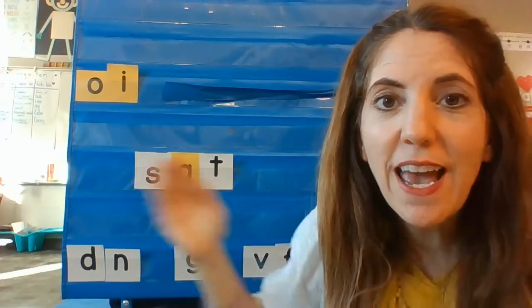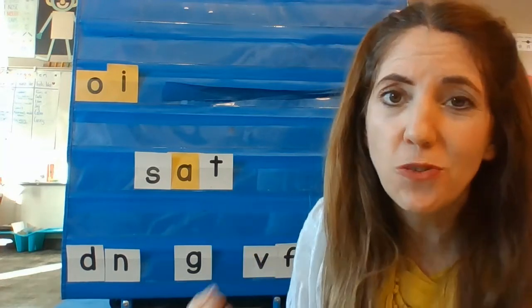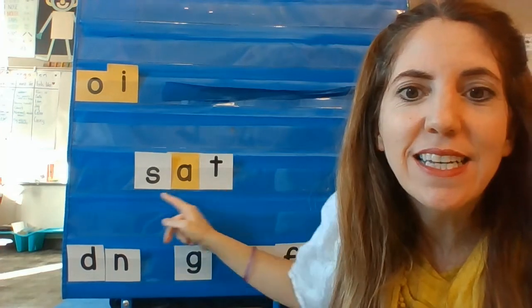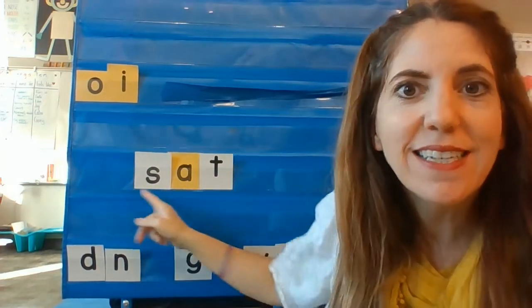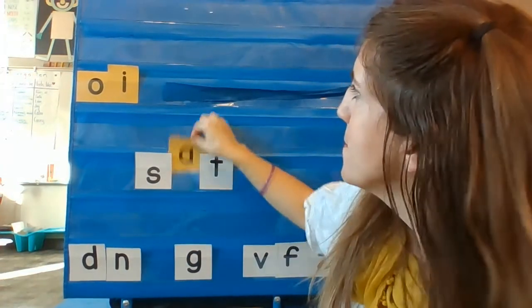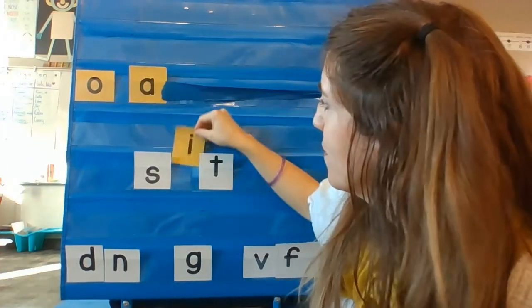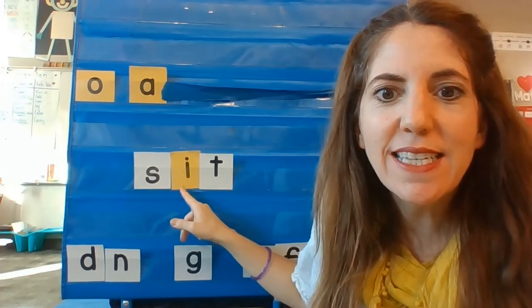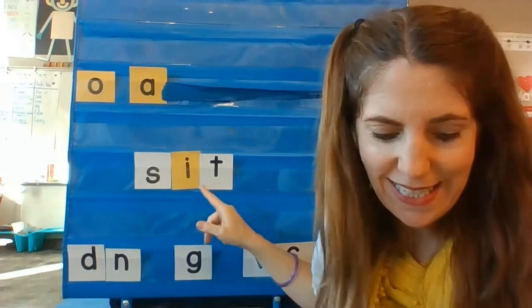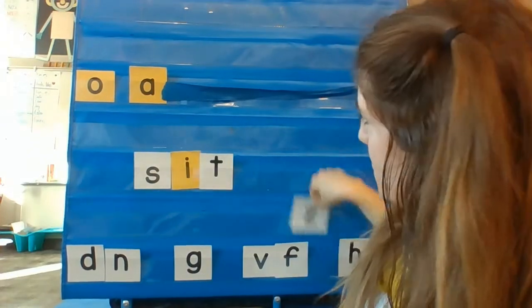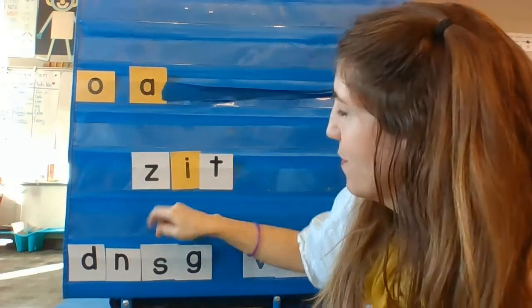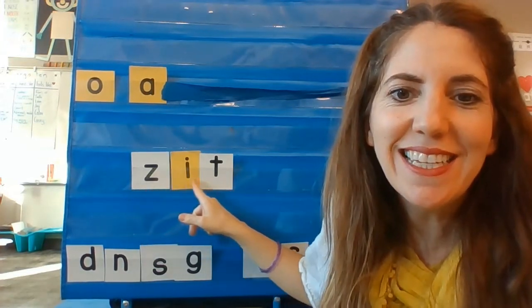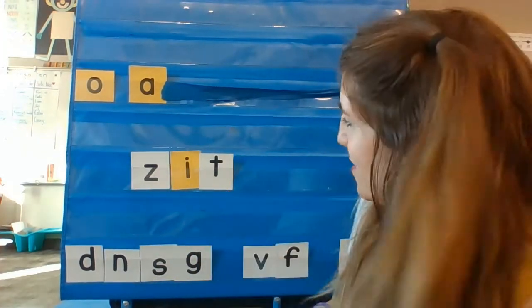Let's segment and blend some words together to read them. At, that, sat. It, sit, sit. Z, it, zit, zit.